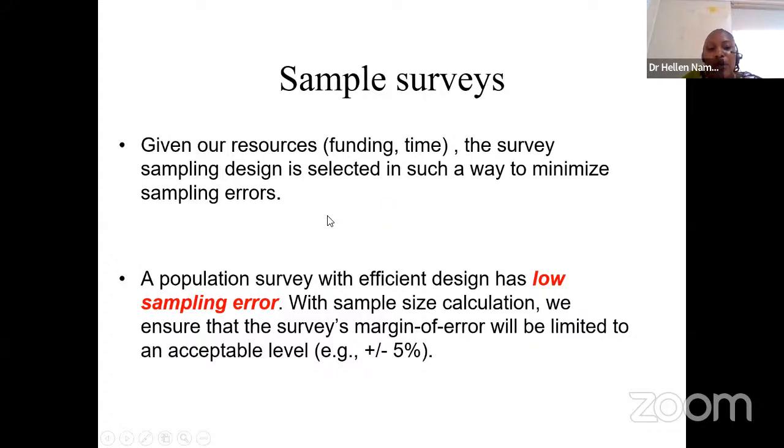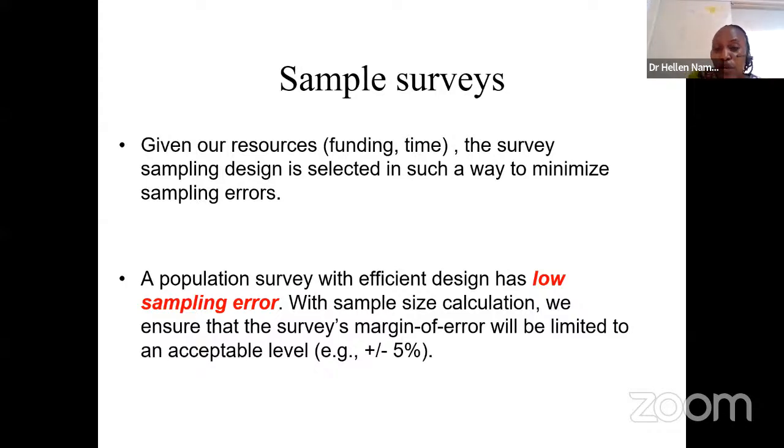Okay, but it's very important to note that we have to ensure that the sampling error we get has to be as low as possible. In most of the literature that you will see, most of the time the acceptable margin of error is plus or minus 5%, that is 0.05. Well, it depends on the study and the objective somebody wants to achieve.